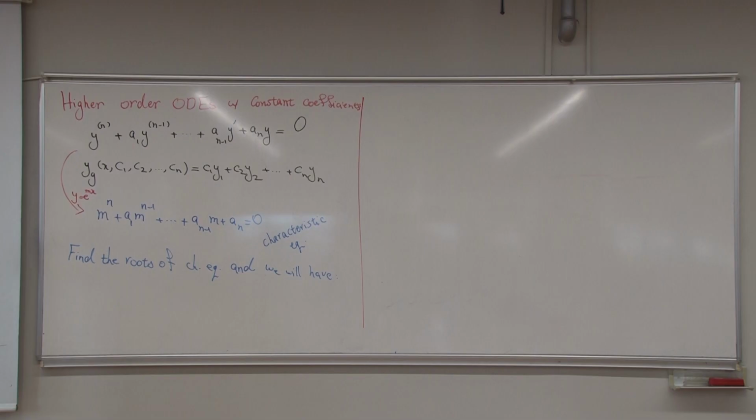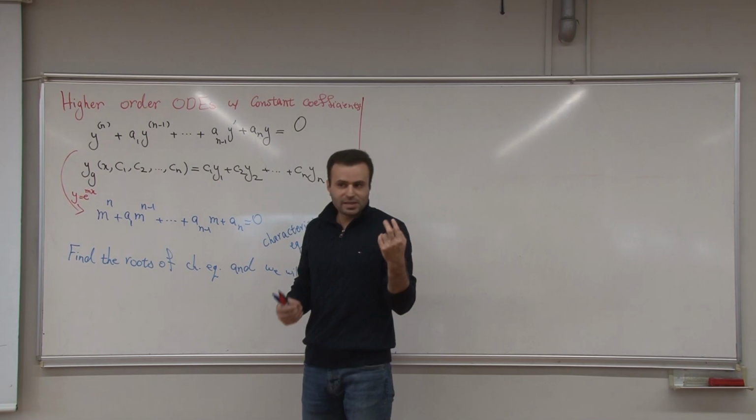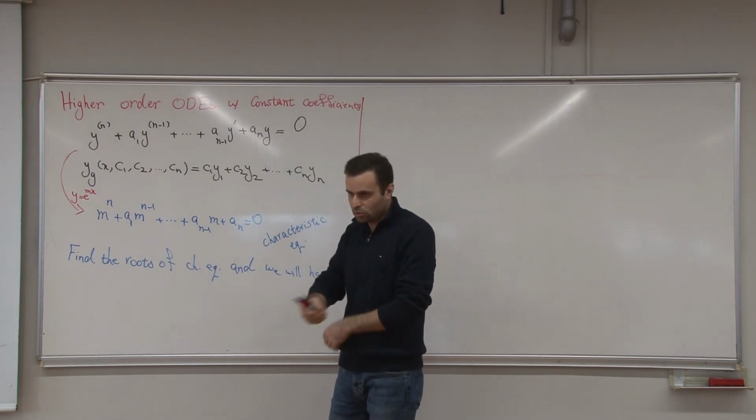cases. So we are talking about higher order differential equations that have constant coefficients. For this kind of equations, if you want to solve them, we need to just find the roots of the corresponding characteristic equation. We know how to solve second degree polynomial equations, right?